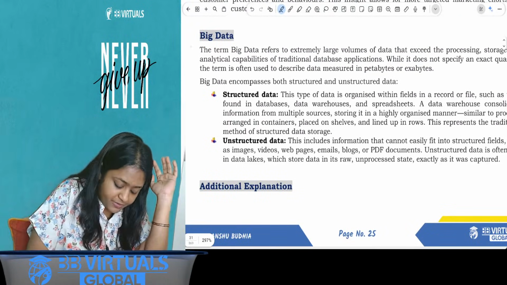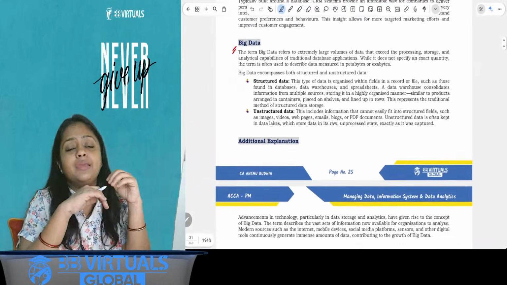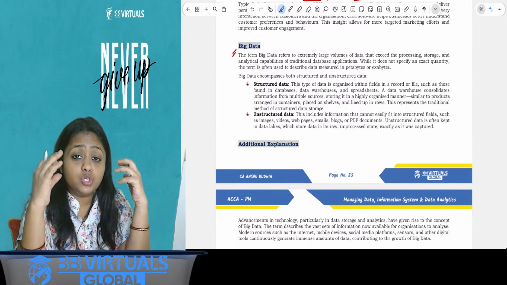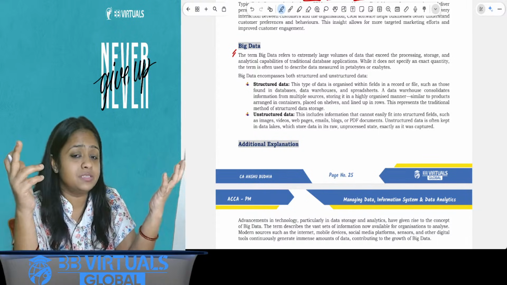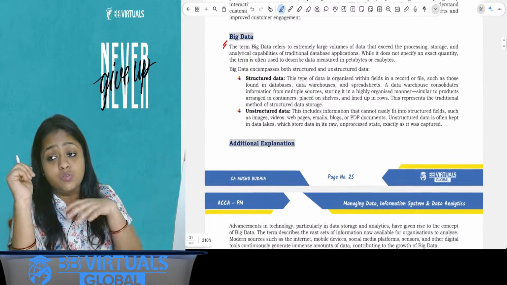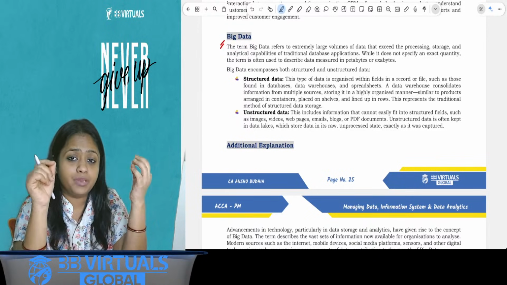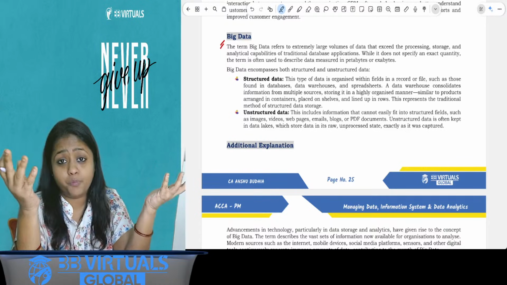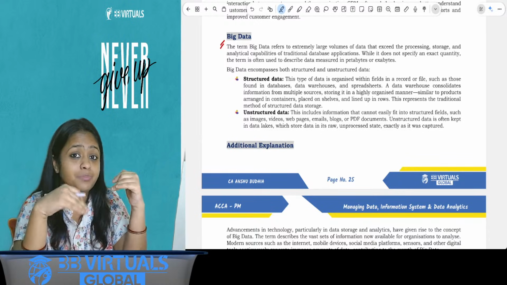Now, big data is the data for today. Let me give you a brief idea about what big data is. Big data simply involves a huge amount of data to assess. For example, I want to know for my business what is the next kind of product my customers would like. Or when I open Amazon and order a product, the next time I open Amazon, it will show me similar searches.